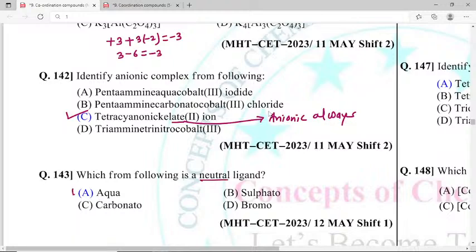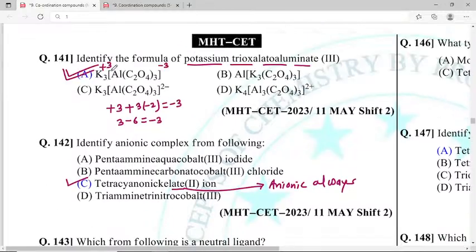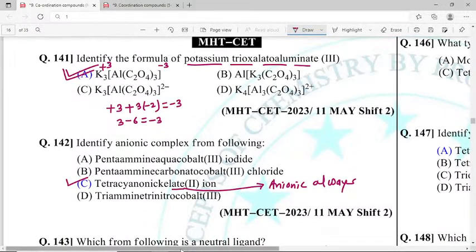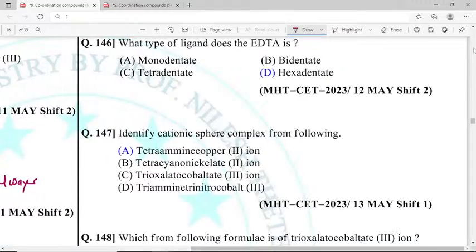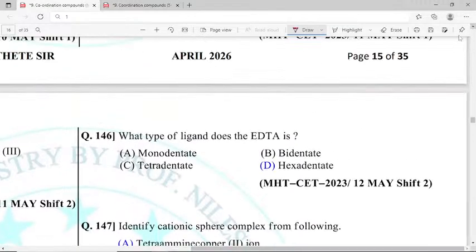Neutral ligand is aqua. Aqua stands for water. Carbonato is CO3 2 minus. Sulfato is SO4 2 minus. And bromo is Br minus. That's carbonato, CO3 2 minus.